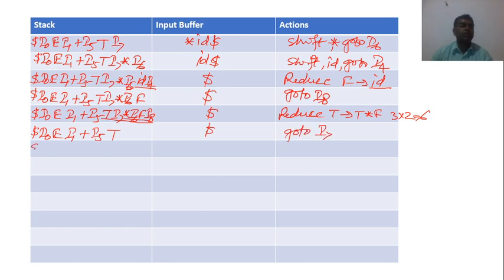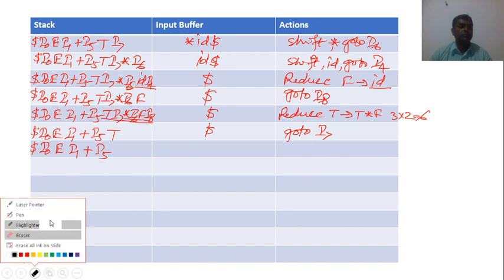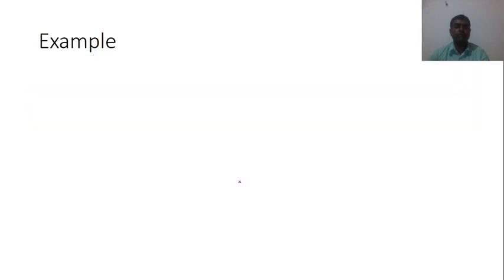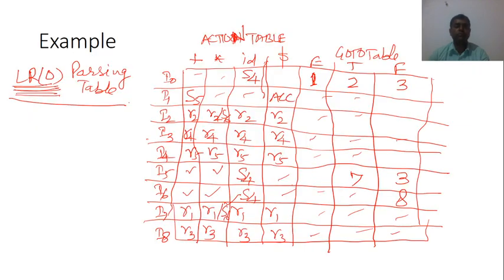So it will be $ I0 E I1 + I5 T I7 $. I7 dollar, that is R1.